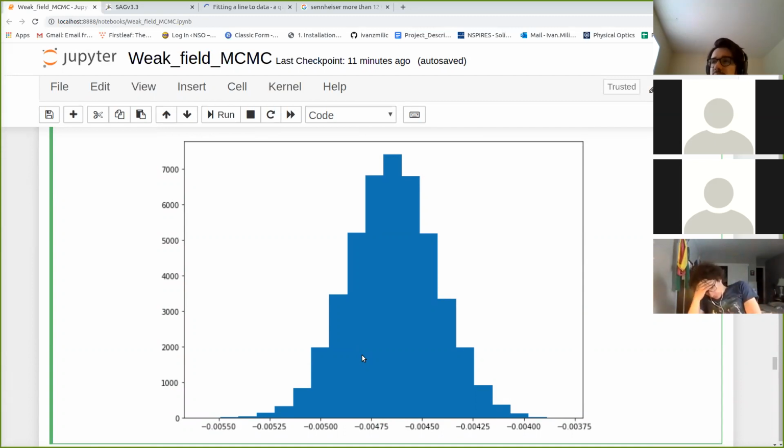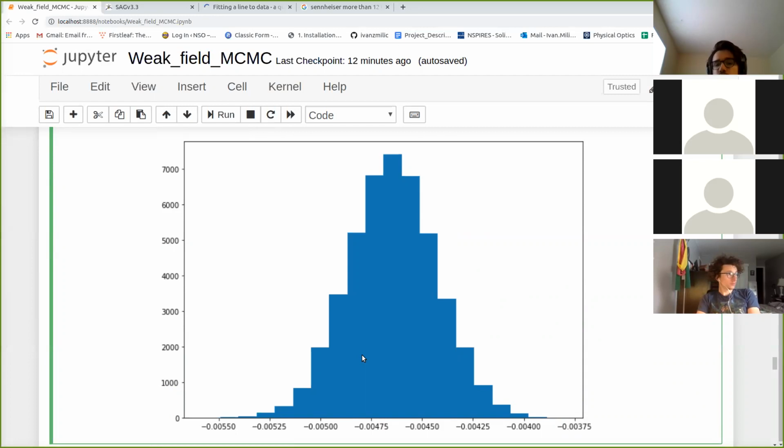So this is the probability of some value being the true value of your slope given the data. Now it's up to you to decide what you want to show, but one way is to say, well, I want, let's say, a 95% confidence interval, which would be something like 2 sigma.